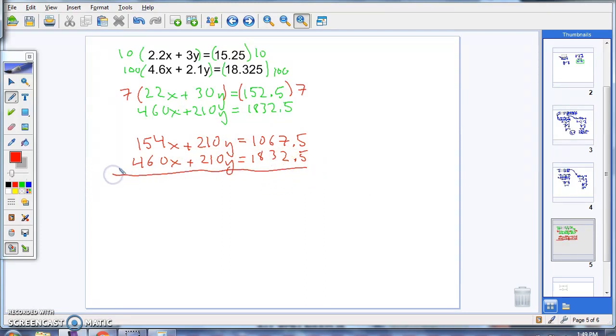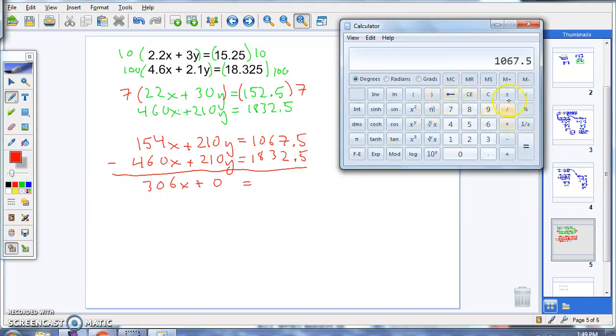I'm going to draw a line here and subtract. 154 minus 460 is negative 306x. Plus 0 is, let's make sure we do this right too, I'm just going to subtract 1832.5 from 1067.5. Boom! Negative 765.